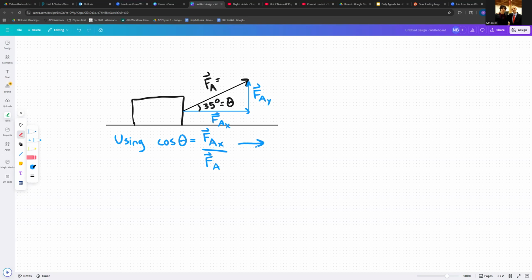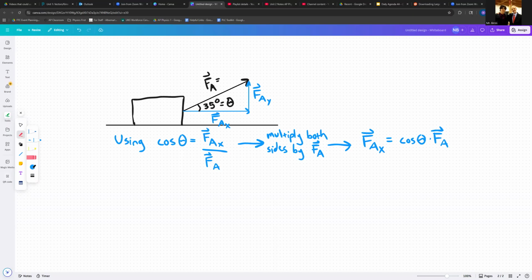What we're going to get from that is we're just going to multiply both sides of our equation by the applied force FA. That is your hypotenuse of the right triangle, the total applied force. And then what we get is FAX is left by itself, isolated, equal to cosine theta times FA.